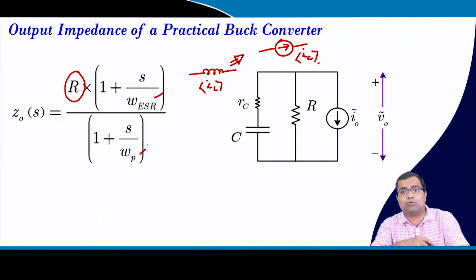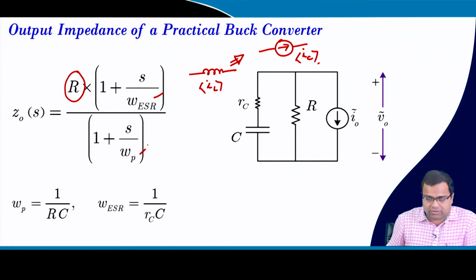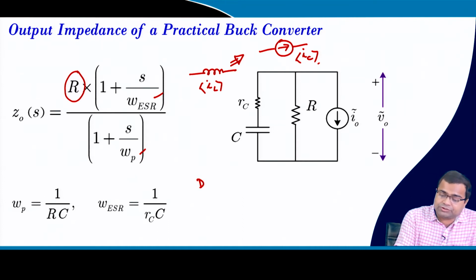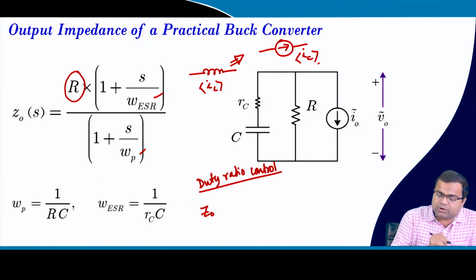Now, if you see this output impedance under duty ratio control, what did we find under duty ratio control? What was our output impedance, minus V0 by I0 hat, with D perturbation and Vin perturbation equal to 0?